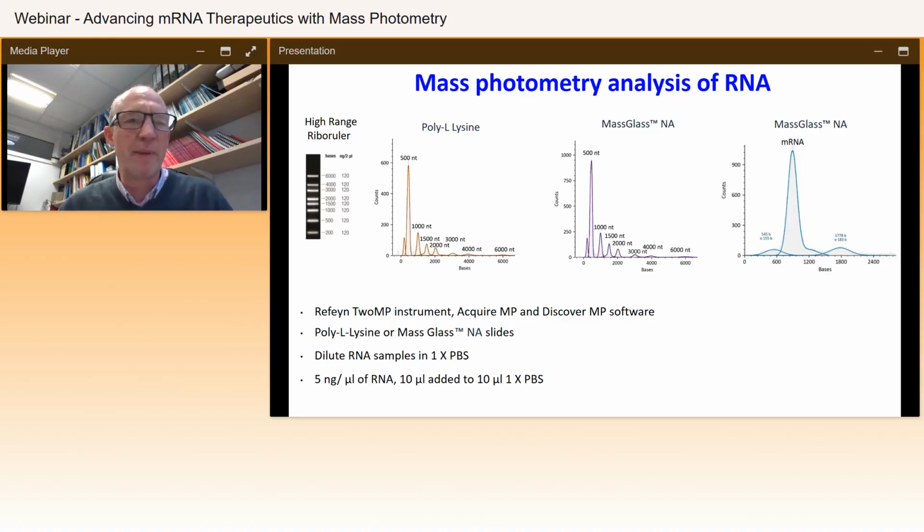We first did a little benchmarking, comparing our own in-house coated slides with the MassGlass slides, and we see very comparable performance between the two for the RNA ladder. On the very right-hand side is one of the actual mRNA medicines. Again, we can get rapid information on the mRNA and its sizing, which I'll talk about in more detail in the next few slides.